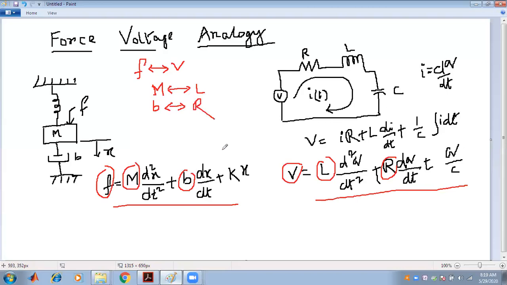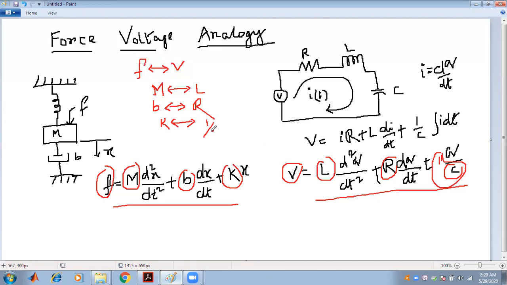Now K can be equivalent to 1 by C. So K is equivalent to the capacitor of the circuit, meaning if there is any K, that can be replaced by the capacitor.